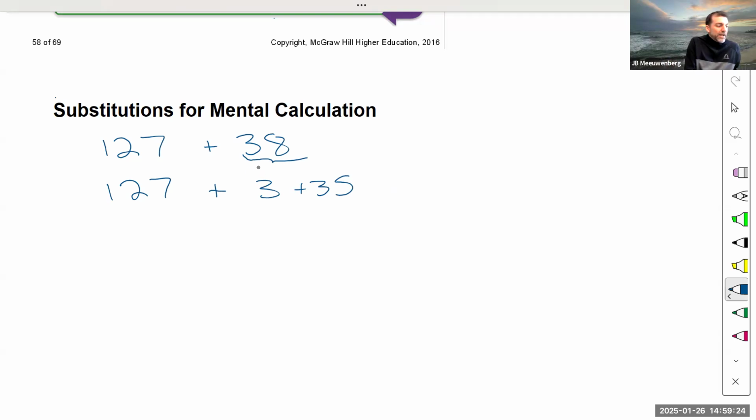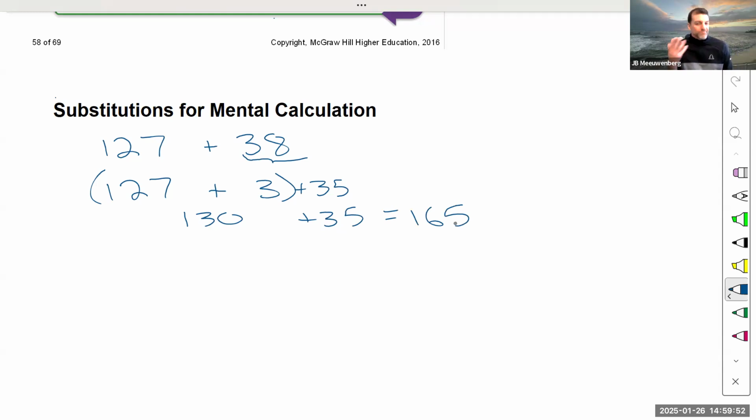And then what we really do is we end up shifting the parentheses so that the 7 and the 3 pair up nicely together. Why? Because 127 plus 3 is 130, and then adding 35 is fairly straightforward. Adding the 30s makes 60, so we have 165. Can you see any other ways you might make some nice numbers?